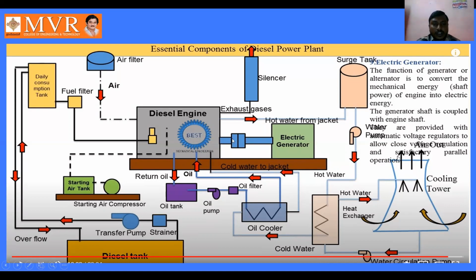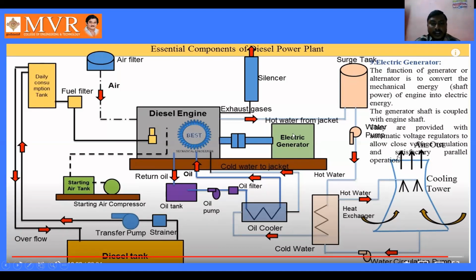This is the engine shaft and this is the electrical generator shaft. Both are coupled for converting the mechanical energy into electrical energy. They are provided with automatic voltage regulators to allow close voltage regulation and satisfactory parallel operation.